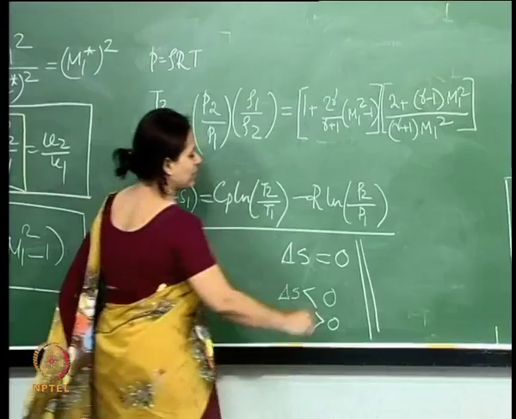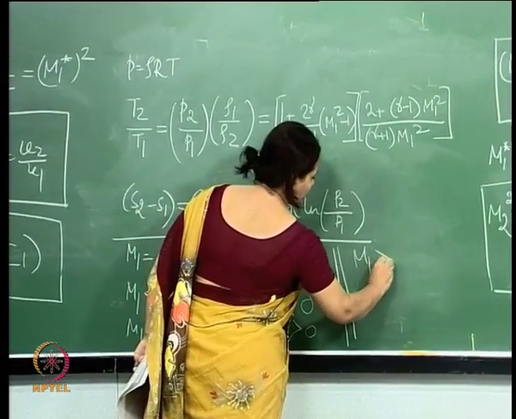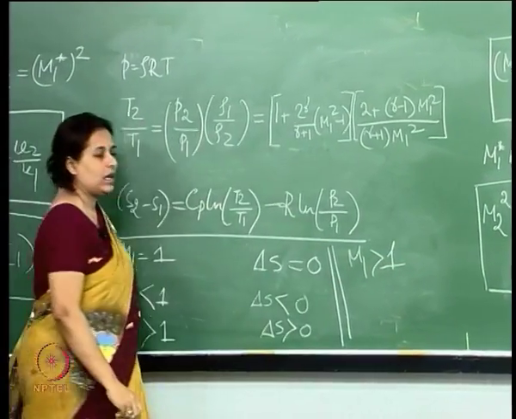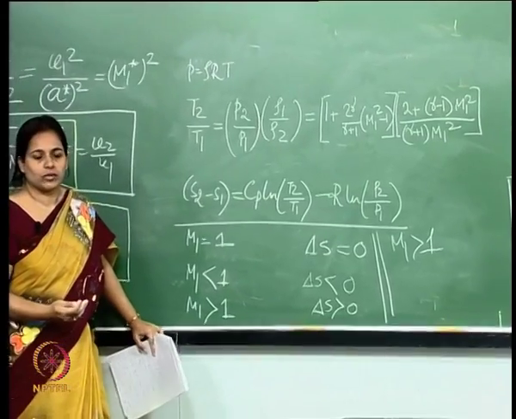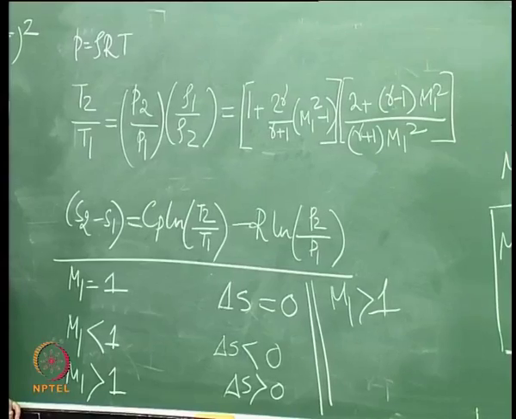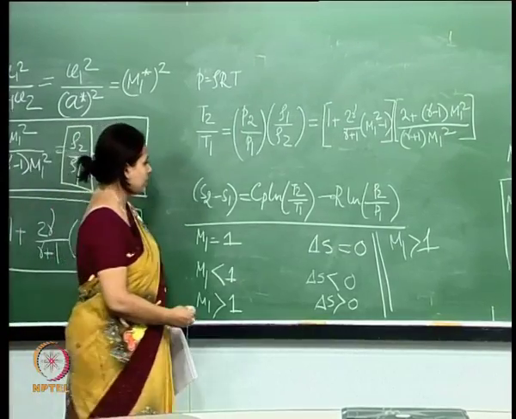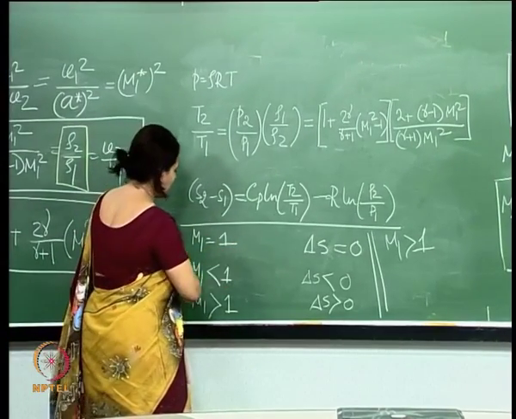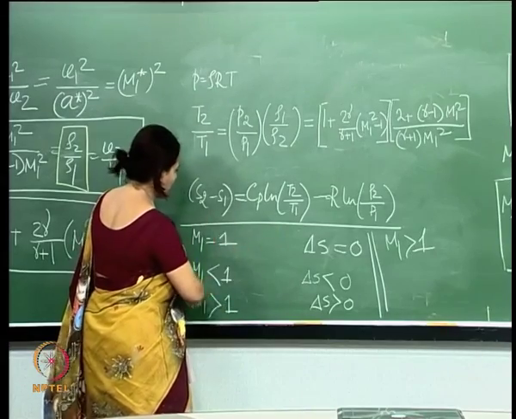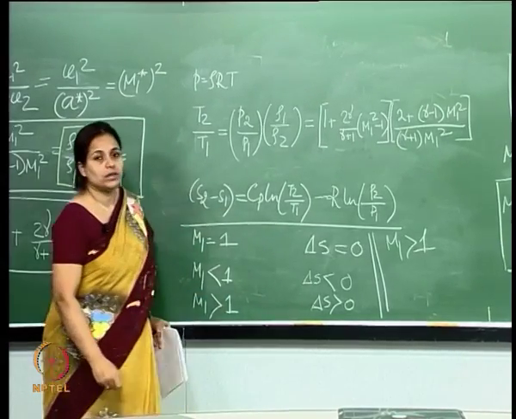Which means that the incoming Mach number for a normal shock wave should always be supersonic. Okay. So, that much we are finally able to answer once we come to the entropy change.